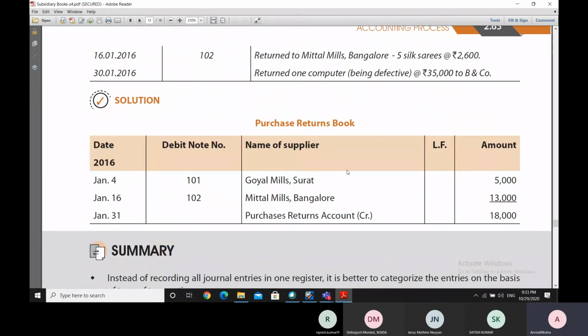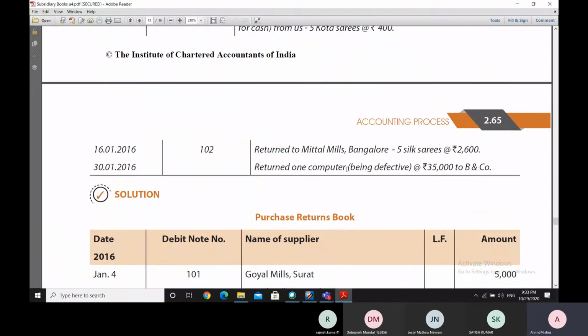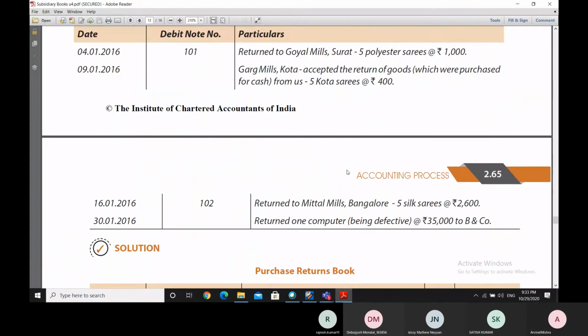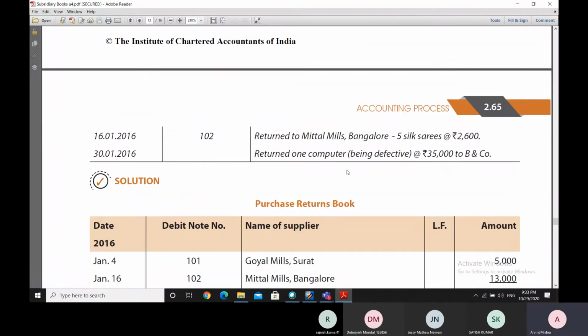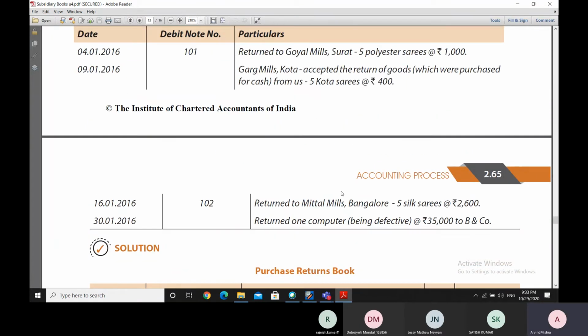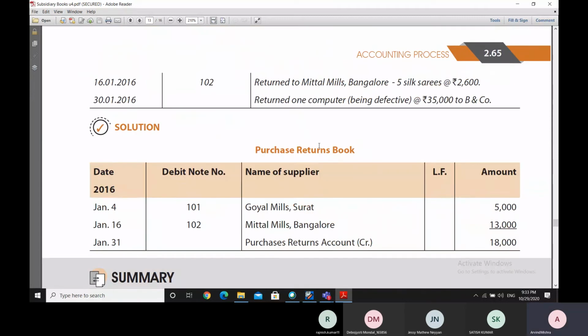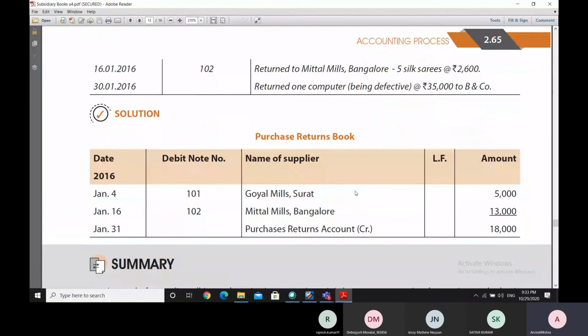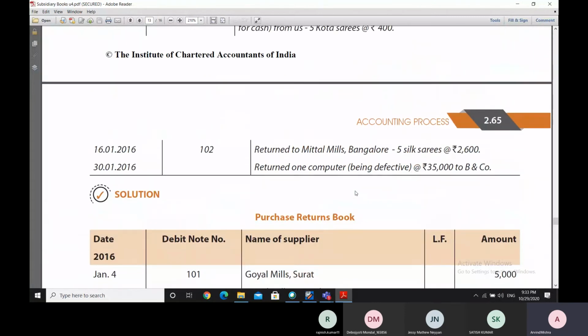So, as we are seeing here, we are writing the purchase return book, and we can see here the purchases which were made earlier have been returned back.